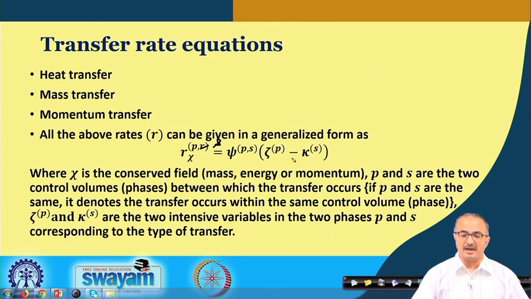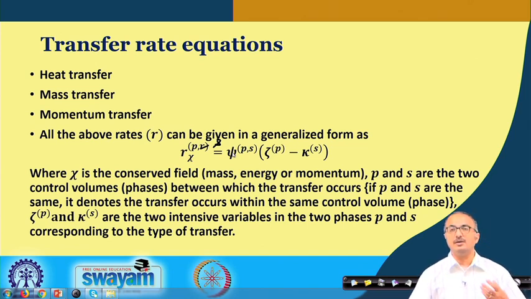Here again we have some kind of driving force, and this driving force denotes some intensive variables in the two phases P and S. This particular zeta is some conserved field that can be mass, energy, or momentum, and this psi is a coefficient which we call the proportionality constant. This may take different forms, as we shall see after some time, but this is the general form: a driving force of the intensive variables corresponding to this particular conserved field.